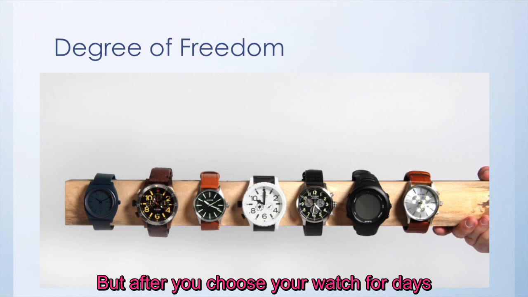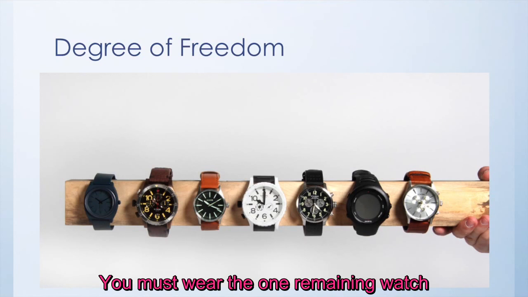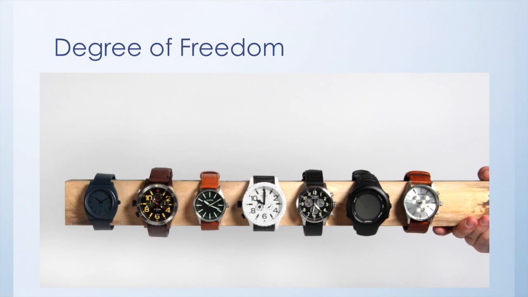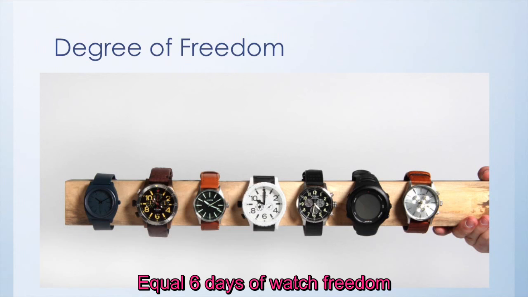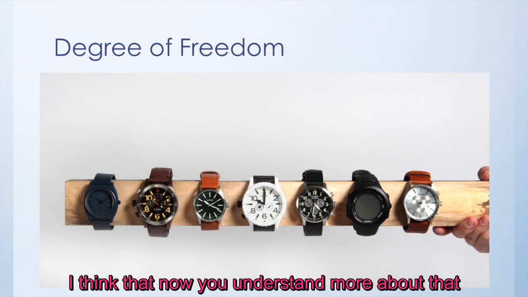But after you choose your watch for day 6, you have no choice for the watch that you wear on day 7. You must wear the one remaining watch. So this means you had 7 minus 1 equals 6 days of watch freedom. This means the watch you wore could vary. I think that now you understand more about that.